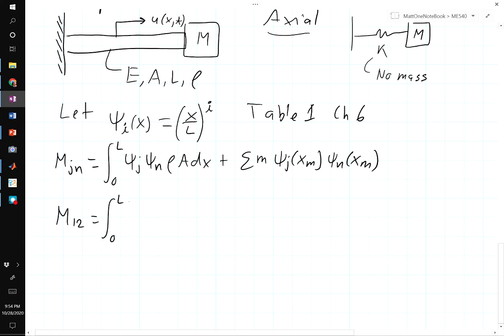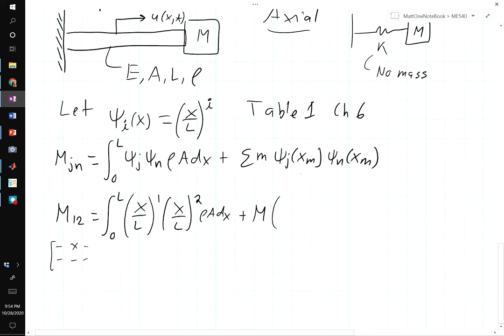So if we plug everything in here, if we wanted the 1, 2 term in the mass matrix, we'd take x over L to the 1 power for psi j, x over L to the 2 power for psi n, rho A dx, and then in our case we have the mass times the basis function evaluated at the point where the mass is. We'd have L over L to the 1 power, L over L to the 2 power.